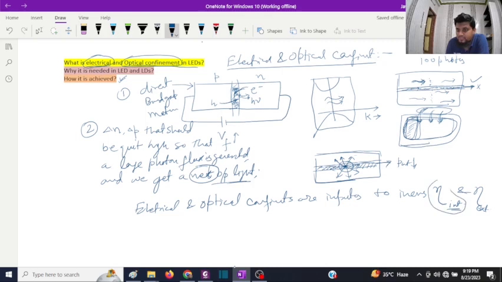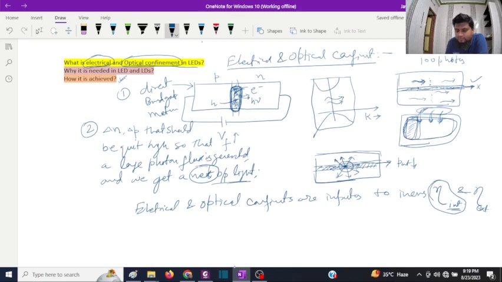To increase the internal quantum efficiency, it is very important that all of these electron hole pairs are generated in a very small region, so that every part of the material in that small region is only generating photons, not consuming them.